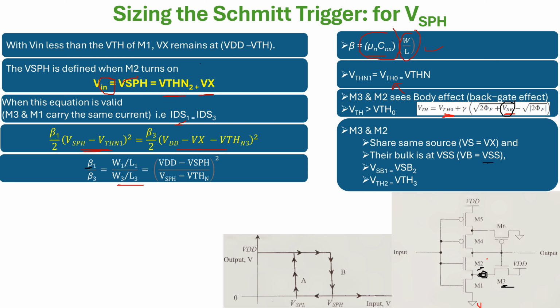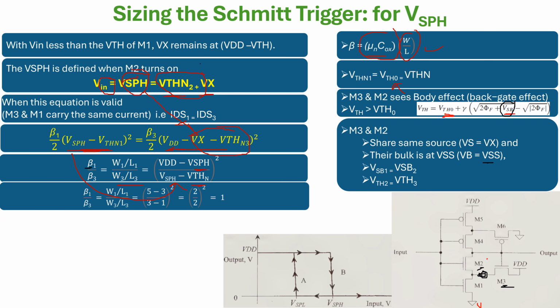So VDD minus Vx plus VTH N2 I can replace with VSPH. Now it becomes VDD minus VSPH divided by VSPH minus VTH N1, because I can put VTH N without body bias. So this is your equation.